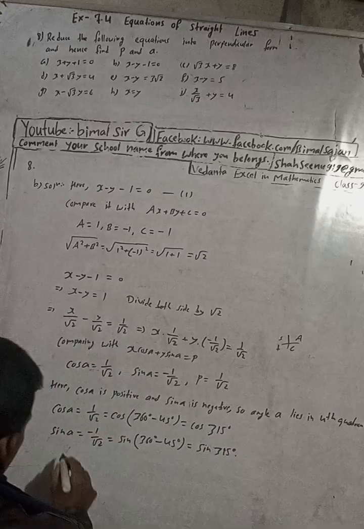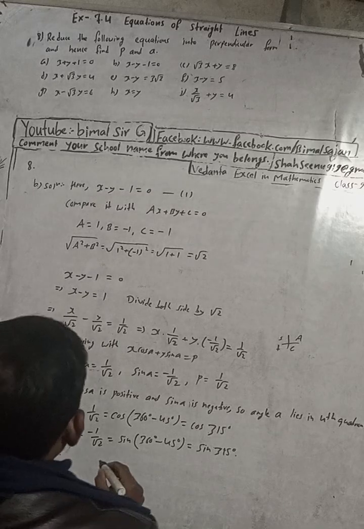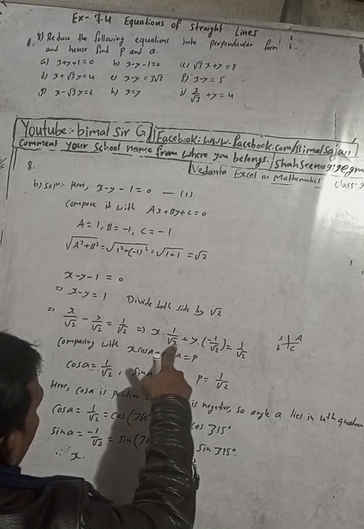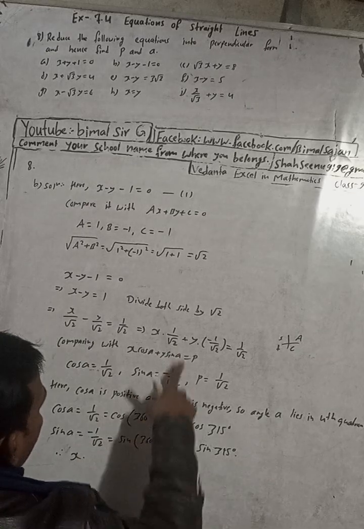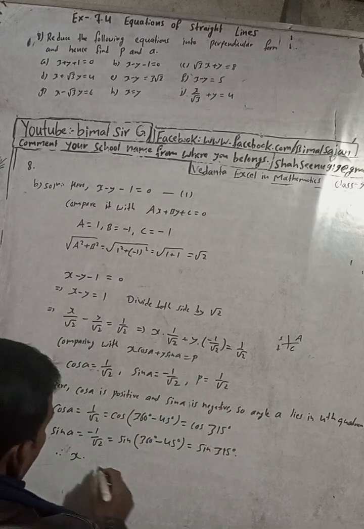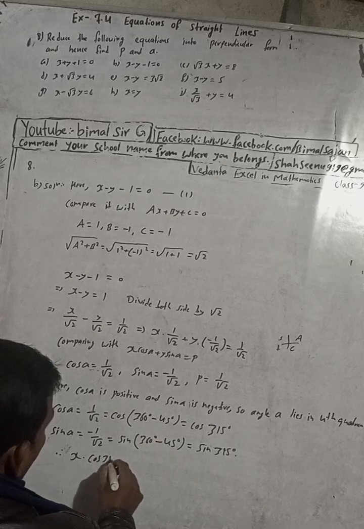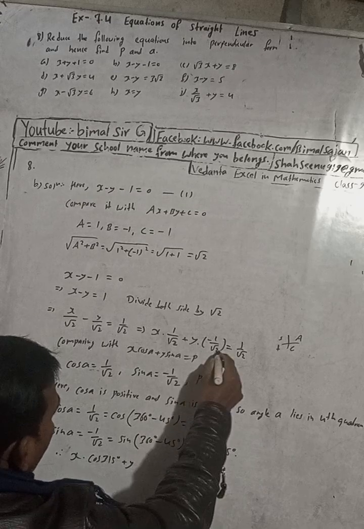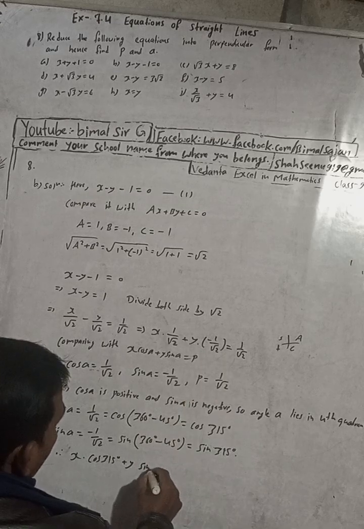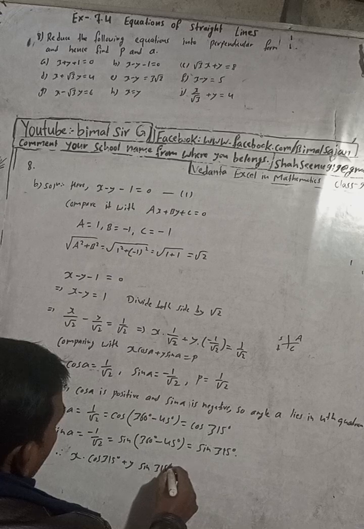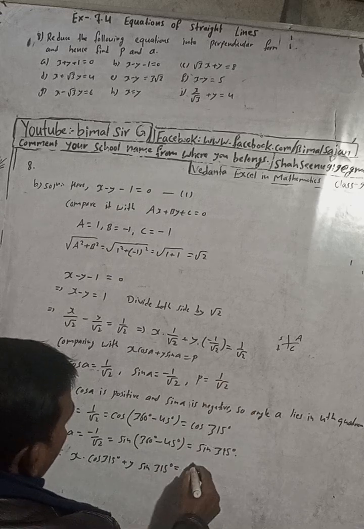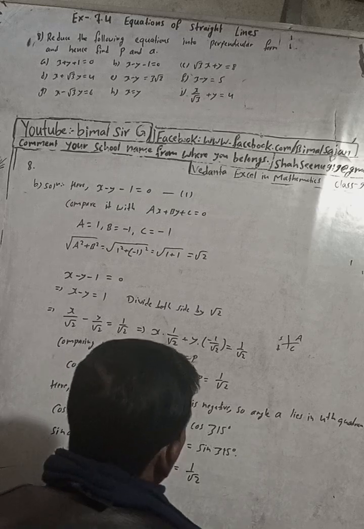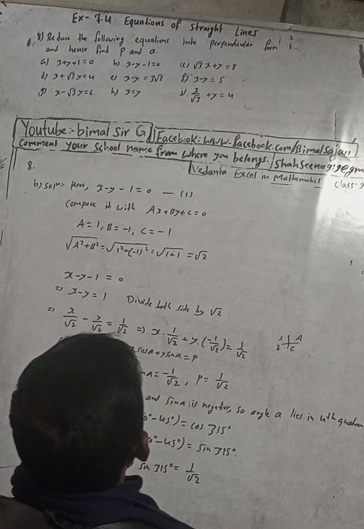Therefore our equation is now x cos 315 degree plus y sin 315 degree is equal to 1 by root 2. So this is the required equation in perpendicular form.